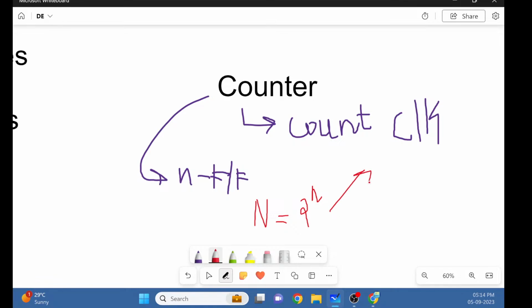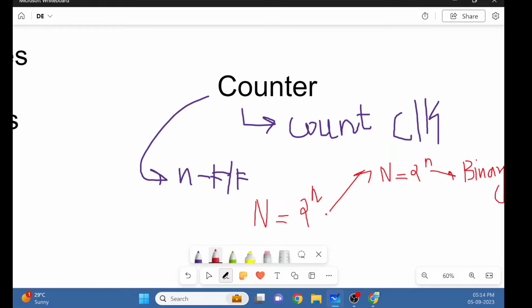There are two conditions to this. If capital N is equal to 2 raised to n, then we call this a binary counter.